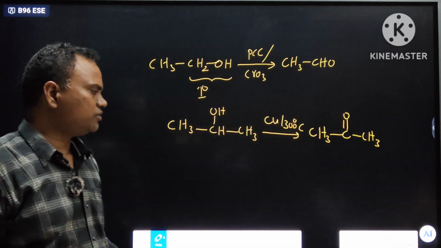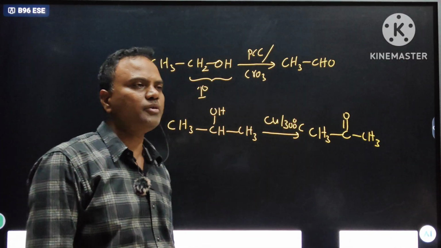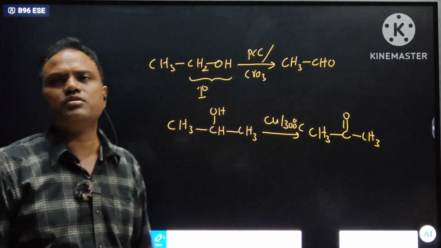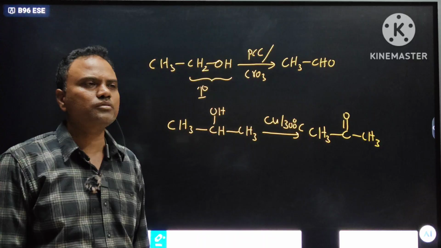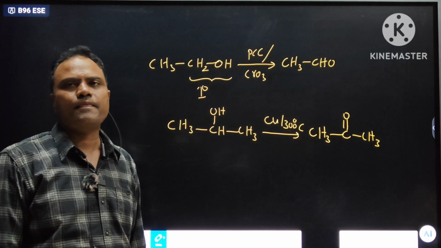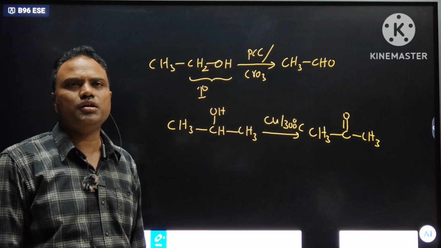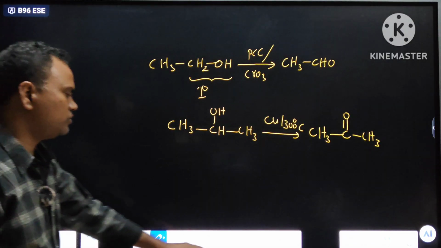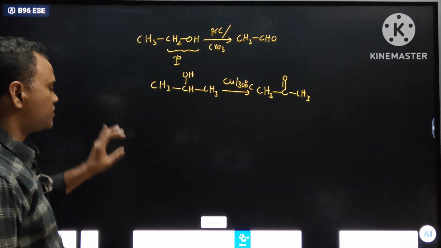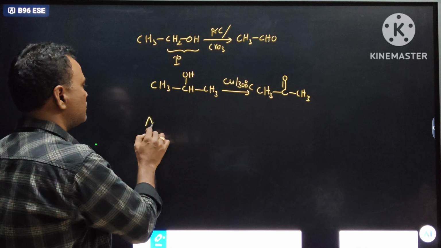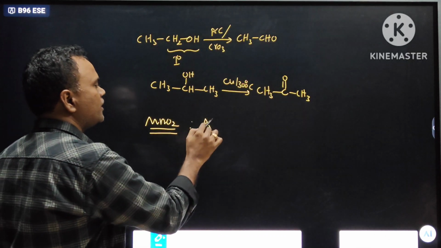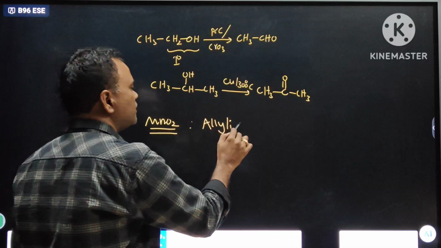And you know what is MnO2? What is the role of MnO2? Online students, can you say what is the role of MnO2? Allylic and benzylic. MnO2 is a special reagent. This is also covered in alcohols. MnO2, manganese dioxide, is for allylic oxidation.